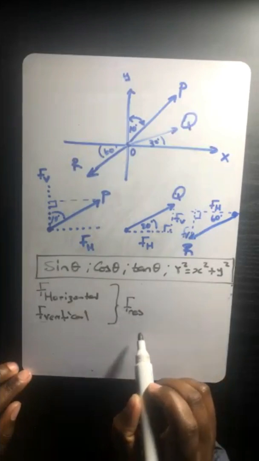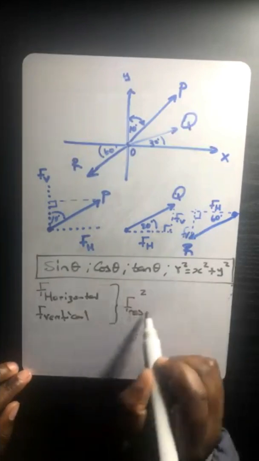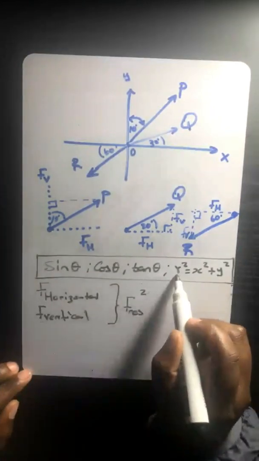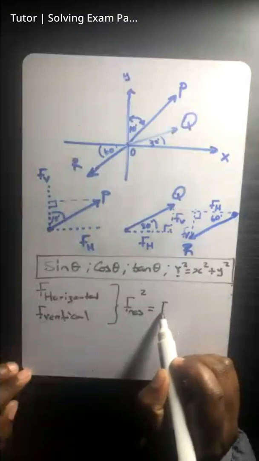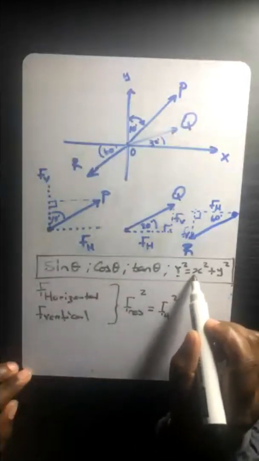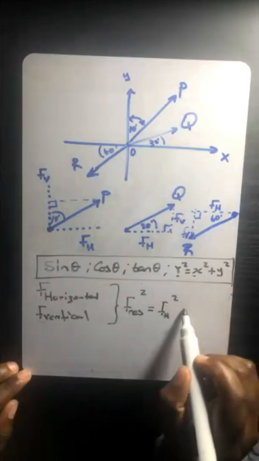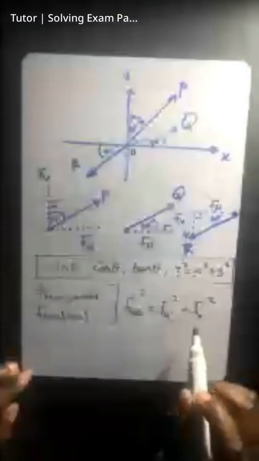So that means the force resultant squared is going to be, it's more like you are calculating for R, which is going to be equal to your forces horizontal squared, which is more like x squared, plus your forces vertical squared.